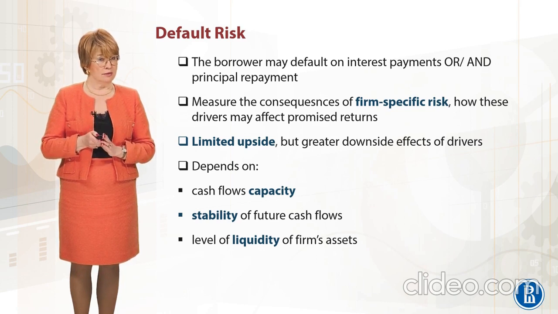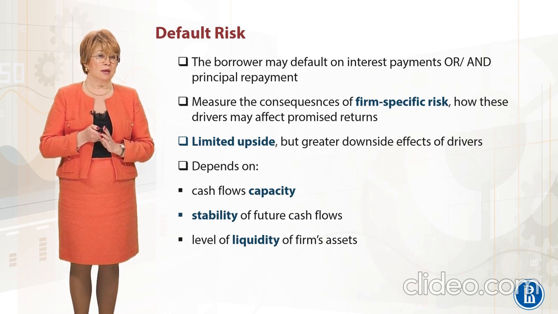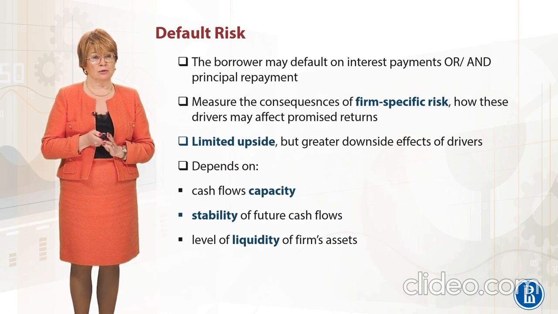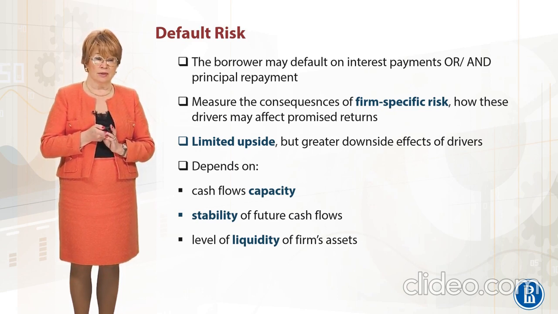When we are talking about default risk, we need to understand that it has a so-called limited upside, because the debt holder will get the maximum amount from the company, which is the total nominal value of the corporate bond or the total nominal value of the bank loan still not repaid.